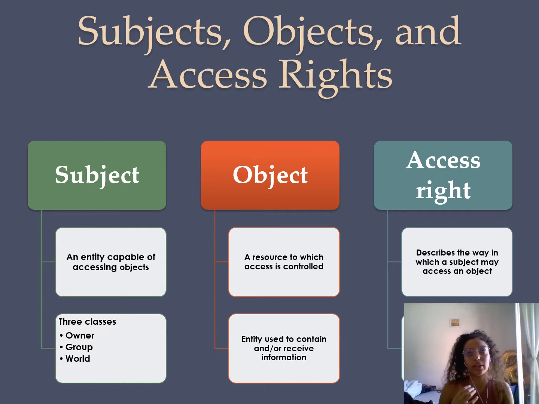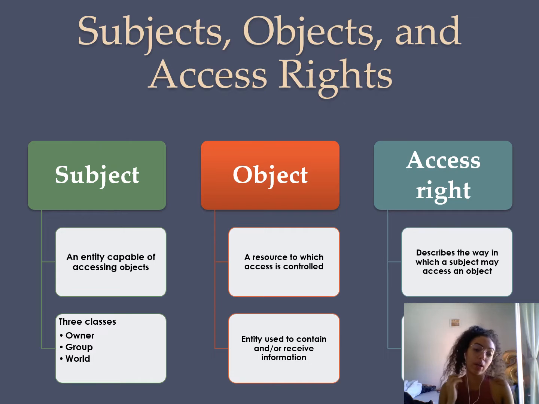So in most schemes, a user may belong to multiple groups, so may have multiple activities that they can perform. Then we have world. For world, the least amount of access is granted to users who are able to access the system but are not included in the categories owner and group for this resource.